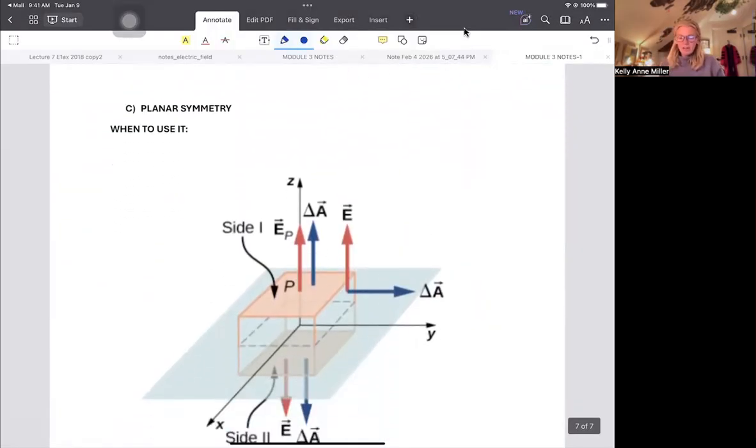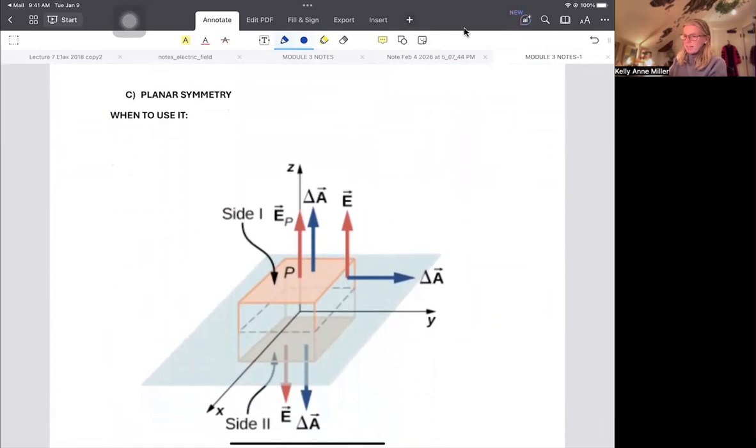Cylindrical geometry. Okay, the last one to do is the planar symmetry. So when do you use this one? You use this when the charges are uniformly spread over a large flat surface, like an infinite plane. And the field points away from the plane.